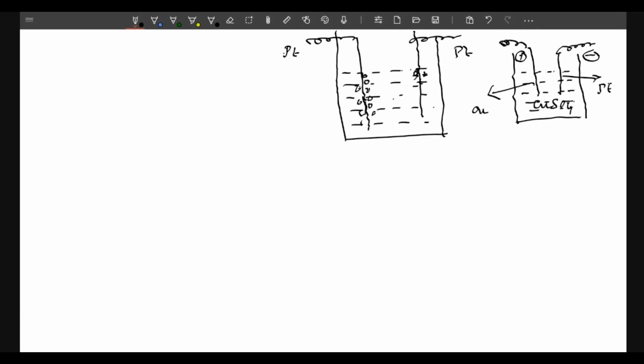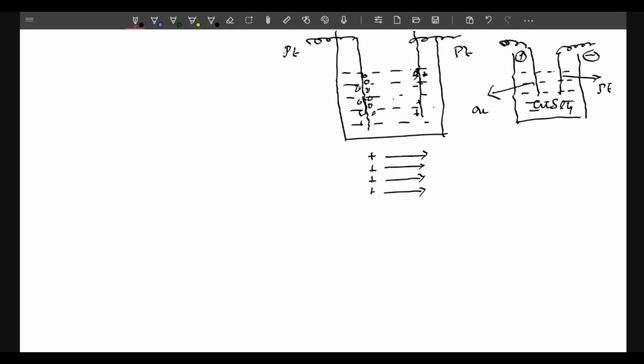Now we have applied a potential. What happened? The positive ions are moving towards the cathode. Why are they all moving towards the cathode? Because the cations present around the cathode get deposited, taking electrons at the cathode.